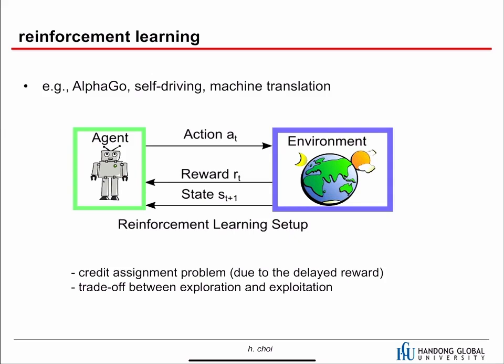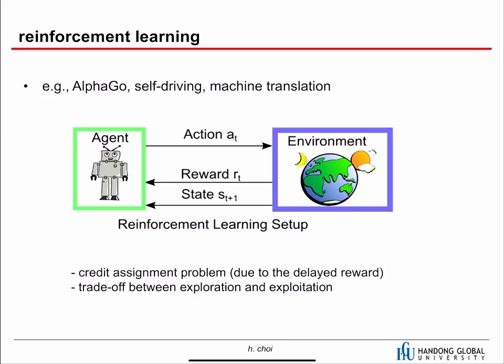So when we talk about supervised learning or reinforcement learning, we are not talking about the model. We are talking about how to train the model. In AlphaGo, for example, we have the same model, but we train the model with supervised learning and reinforcement learning. And likewise, we can train machine translation with reinforcement learning techniques.